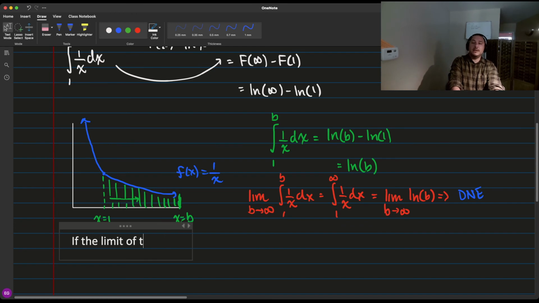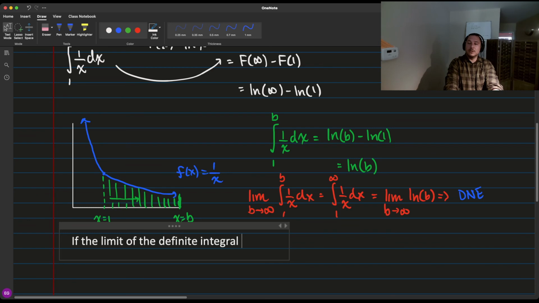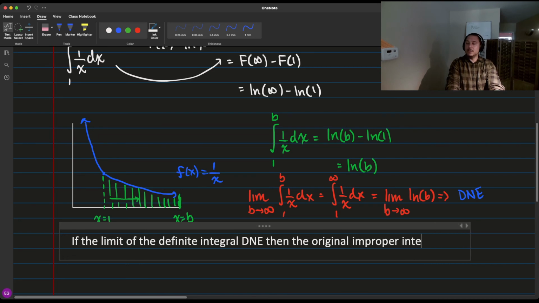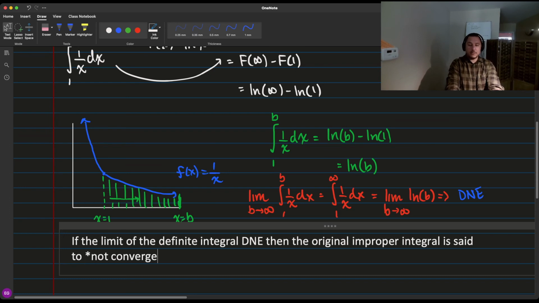If the limit of the definite integral does not exist, then the original improper integral is said to not converge.